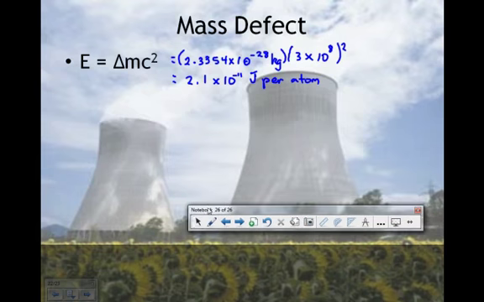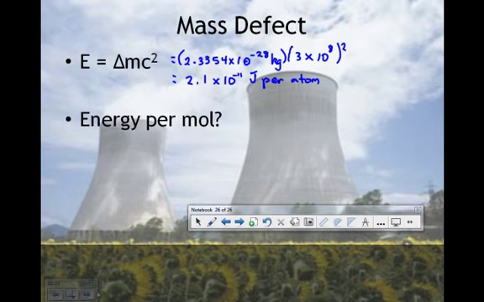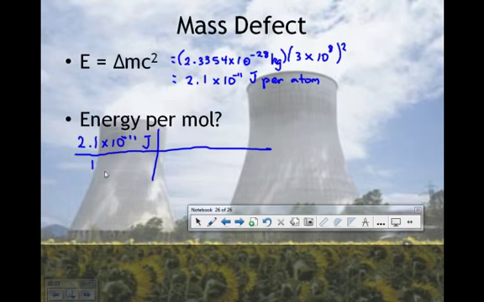Maybe that doesn't seem like all that much, but remember, that's just for a single atom. Let's calculate how much energy that is per mole. So we take 2.1 times 10 to the minus 11 joules. And that's joules for just one atom. That should be a negative sign there. So I'm going to put this in a T table. Joules per atom. Per means it goes on the bottom.